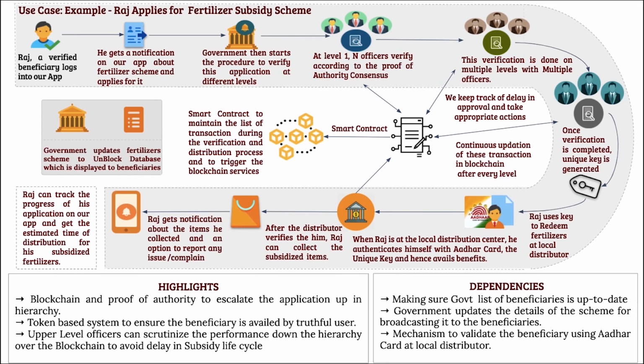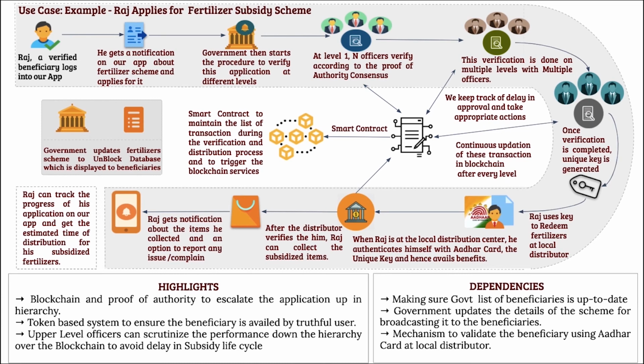As I said, there are multiple levels, say 1 to n. Officers verify according to the proof of authority consensus. Since the verification is done on various different levels, we also keep track of delay in approval. When there's a particular request, we know exactly after how much time it was approved or a decision was made on it.